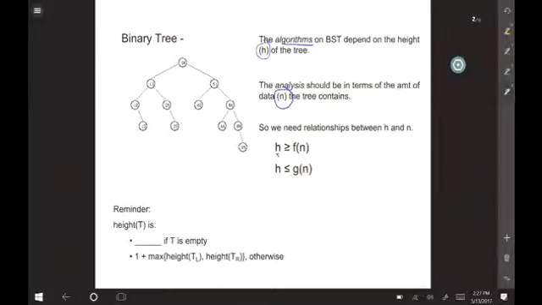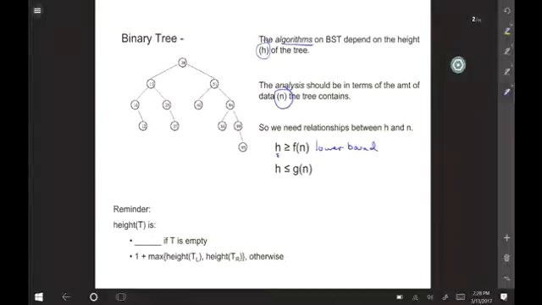The way that we're going to reconcile the two is from 2 directions. We're going to put a lower bound on h. That is, h will always be bigger than some function of n.